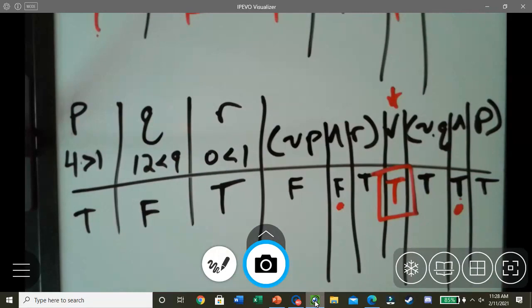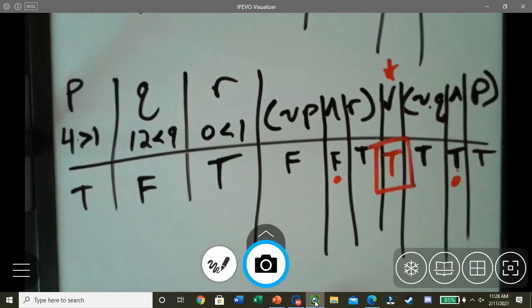So the homework won't have a truth table like this. You'll have to construct your own, and I recommend that you construct it on a separate piece of paper.